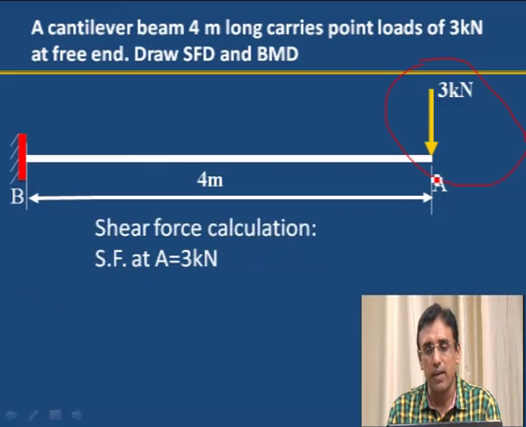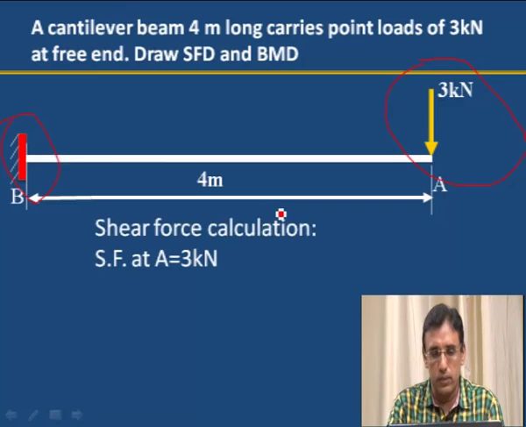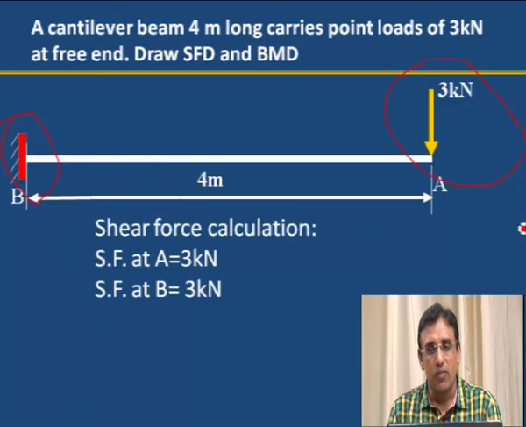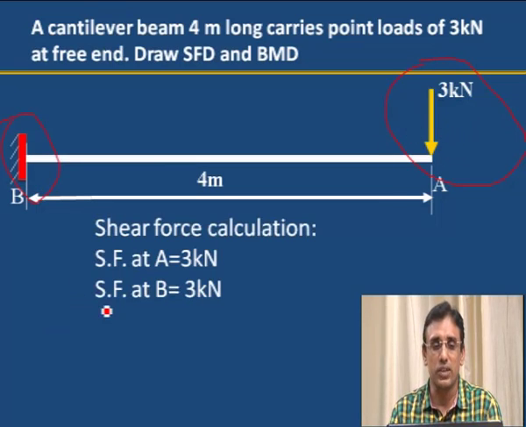Shear force at A, one point load is there, 3 kilonewton. Then coming to shear force at B. From A to B no further load is added, therefore it is 3 kilonewton. If any load is added, then it would have increased. Here only one point load is acting, therefore shear force at A also, B also 3 kilonewton.